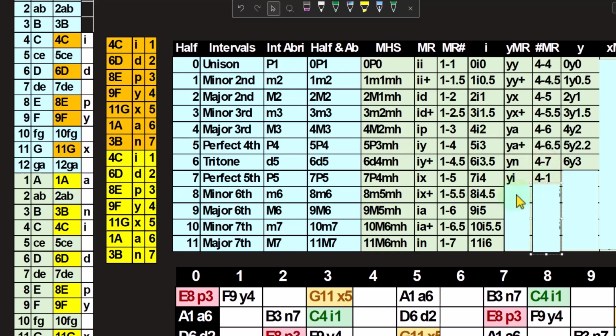All right, so then we have a YI distance. So if I'm on the Y, we're going from the Y not up to this I, Y down, because we're always going clockwise. We'll go counterclockwise later, but right now we're going clockwise. YI modal range would be a 4-1 modal range. And what's the distance between a Y and an I? It's always the same. It's a 7-note away from the Lydian.